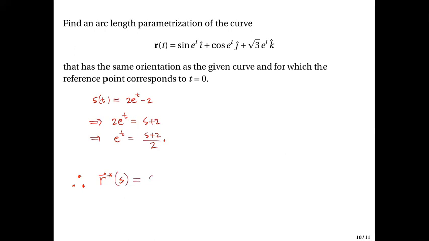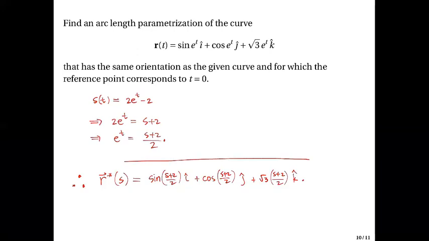This is now sine of s plus 2 over 2 i hat plus cosine of s plus 2 over 2 j hat plus square root of 3 times s plus 2 over 2 k hat. And this is our answer.